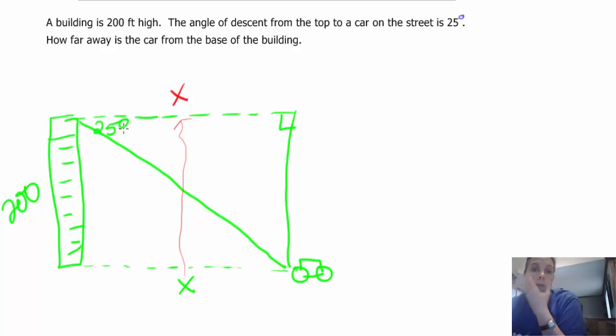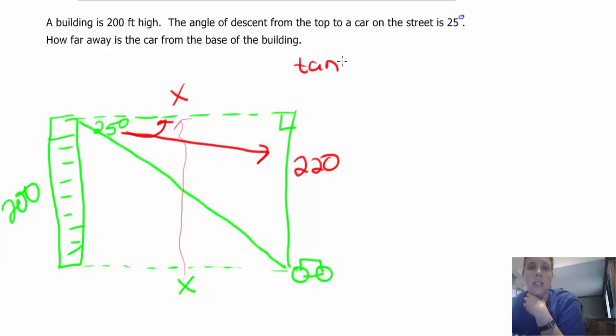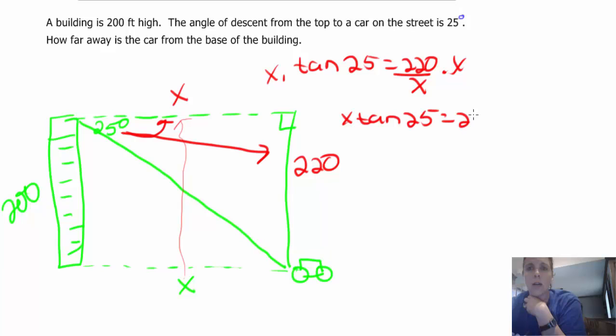Let's try both. Okay, so if we're looking for this, and if this is 200 over here, it should be 200 over here. Okay, and we're given this 25 again. We're given the opposite and the adjacent. So it should be tangent again. Tangent of 25 equals 200 divided by x. Again, we got to multiply it by x. So x tangent of 25 equals 200.